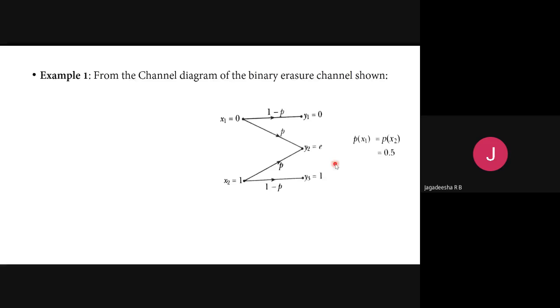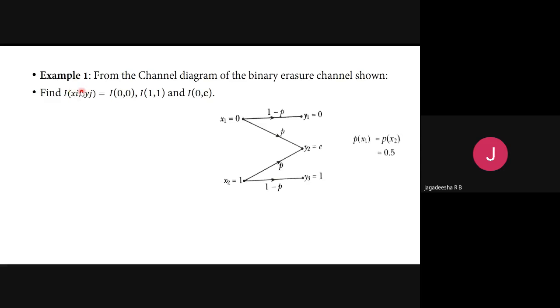Now from the channel diagram of the binary erasure channel shown here, you need to find out I(xi;yj). Specifically, you need to find out I00, I11, I0E. What's the meaning here?